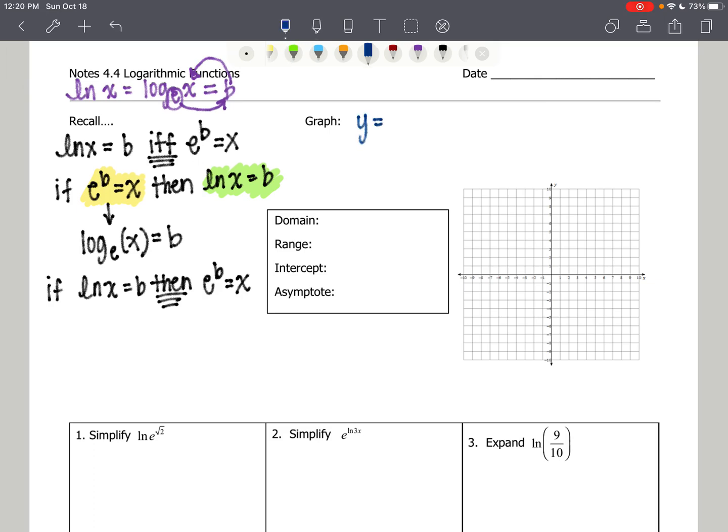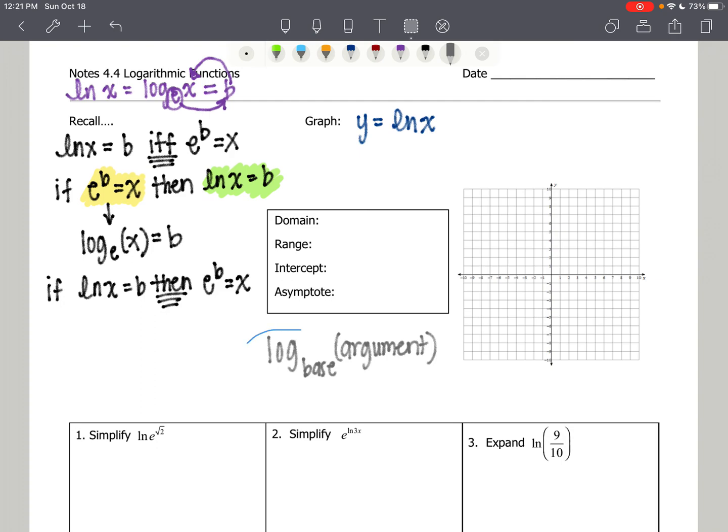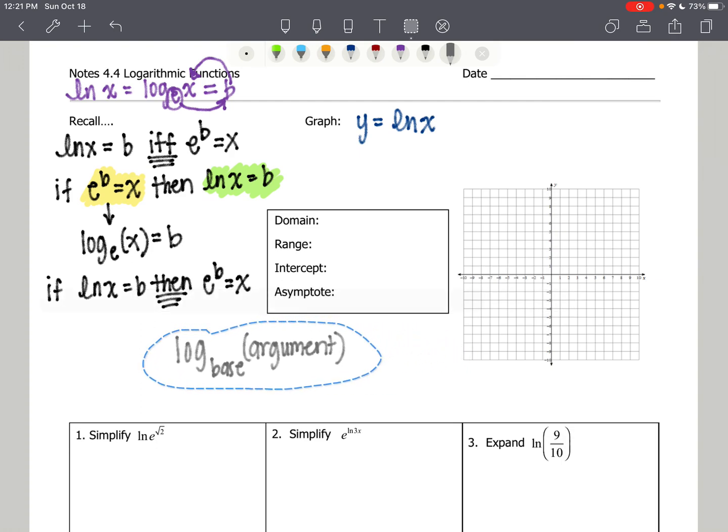We're going to graph y equals the natural log of x. This is a parent function, and I'm going to write here log base, and then we have our argument, equals the exponent.